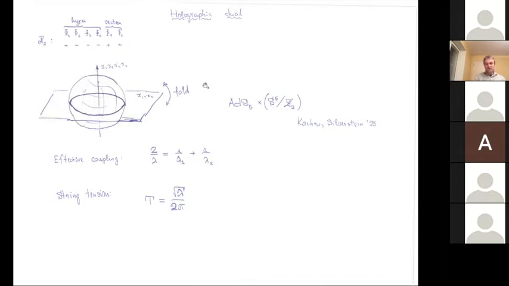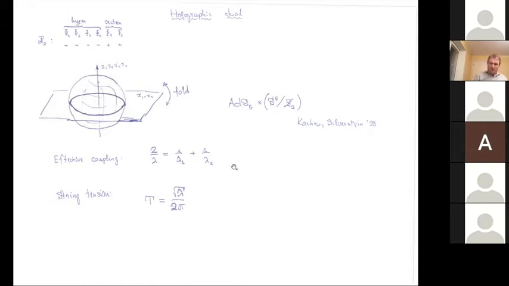So the statement here is that the gauge dual of the quiver CFT at the orbifold point is equivalent to string theory on AdS5 cross S5, where S5 is modded by the action of the Z2 symmetry.